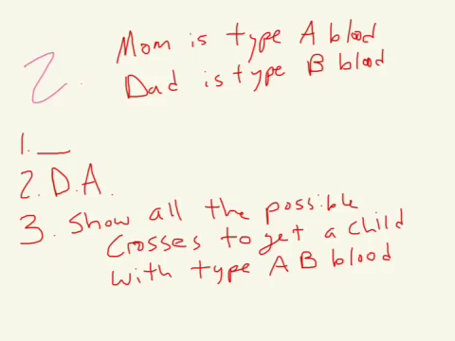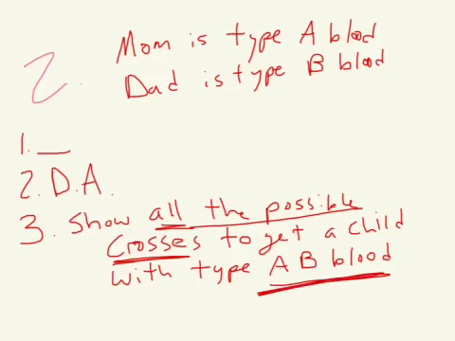Now it's definitely going to be more than one. So I want you to show me all the possible crosses for mom having type A blood and dad having type B blood that we can cross in order to have type AB blood.